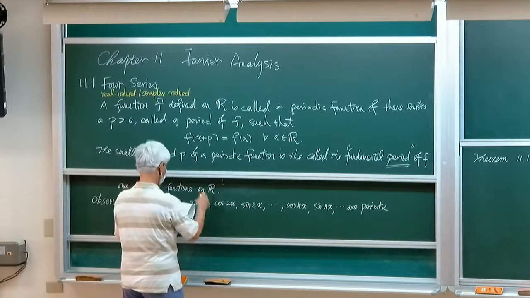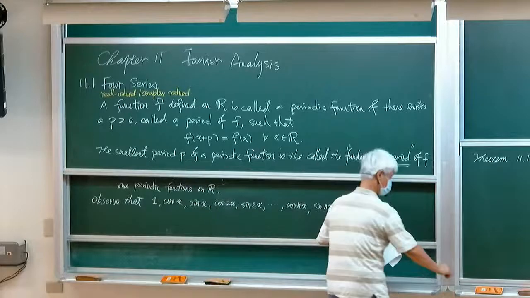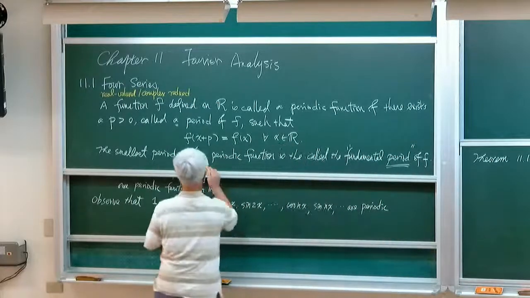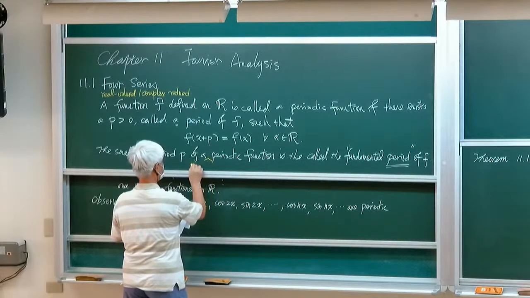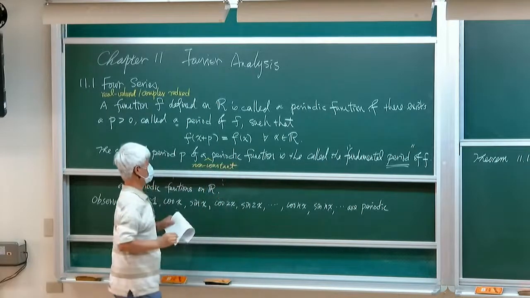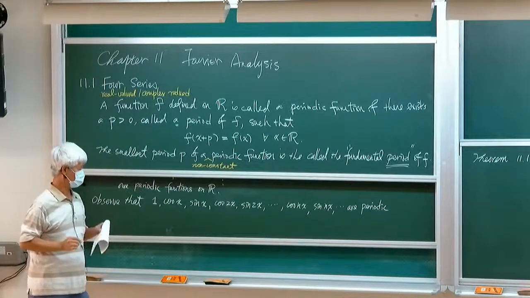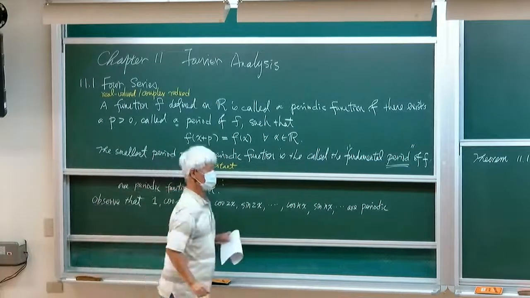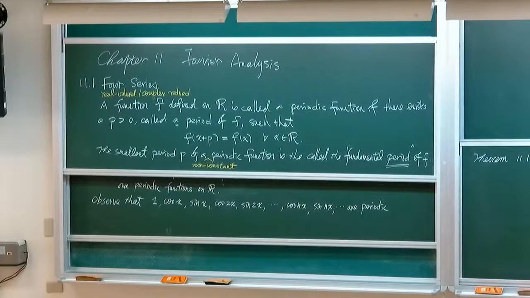Okay, and so I think I have to, I forgot to put a non-constant. I'm sorry, I forgot to put non-constant because for constant functions, we don't have the smallest period.